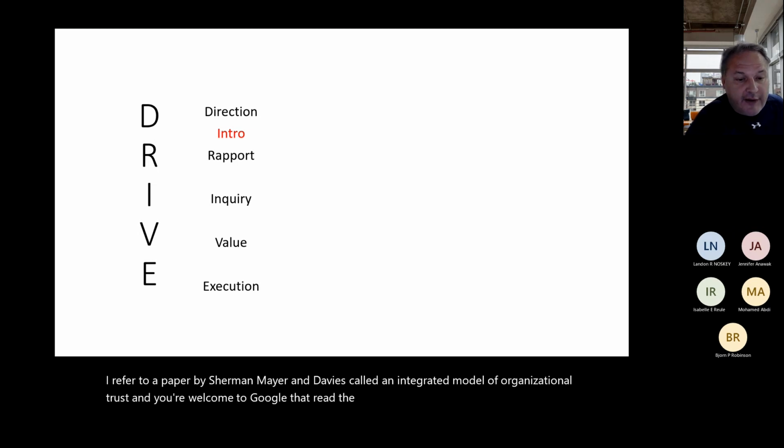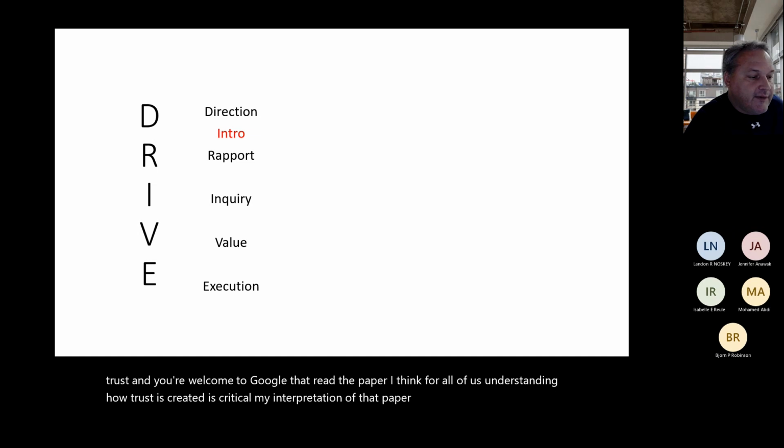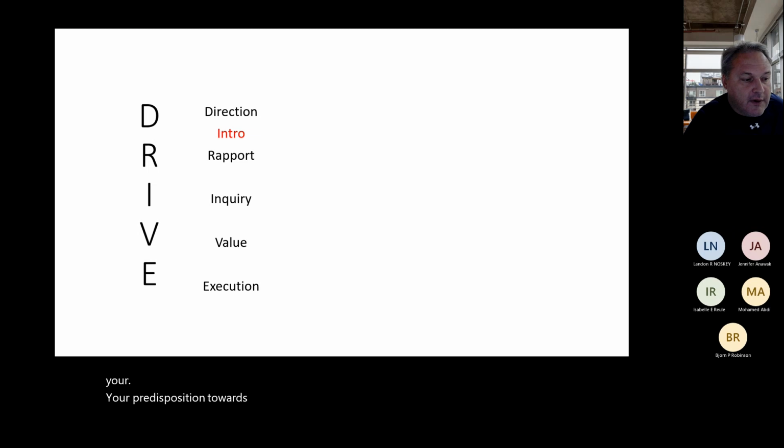I think for all of us, understanding how trust is created is critical. My interpretation of that paper, which has been cited about 14,000 times, so it's a really strong authority, is that regardless of your predisposition towards trusting or not, three key components must be established in order to build trust.